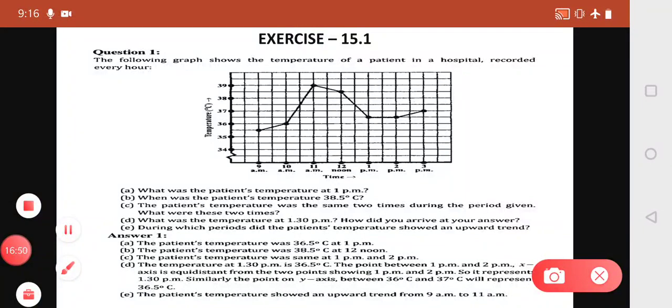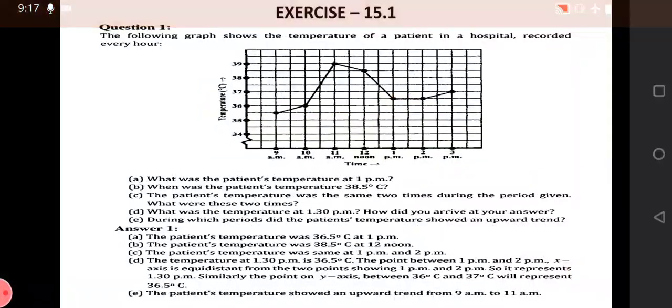Now 1:30 means it is between 1 o'clock and 2 o'clock. So this is your 1:30. Now you can see at 1:30 the temperature is given here. You can see 36.5 degree. So the temperature at 1:30 p.m. is 36.5 degrees Celsius. Now how have we calculated? Let us write the point between 1 p.m. and 2 p.m.